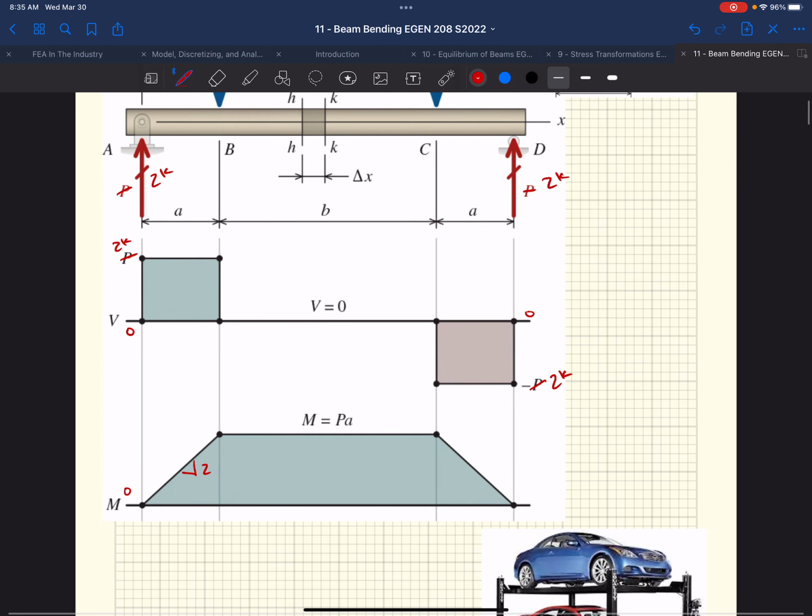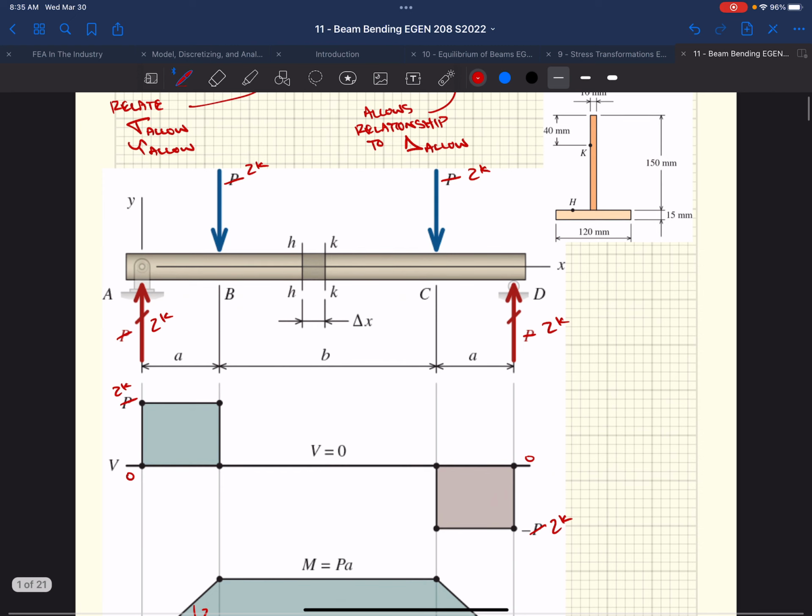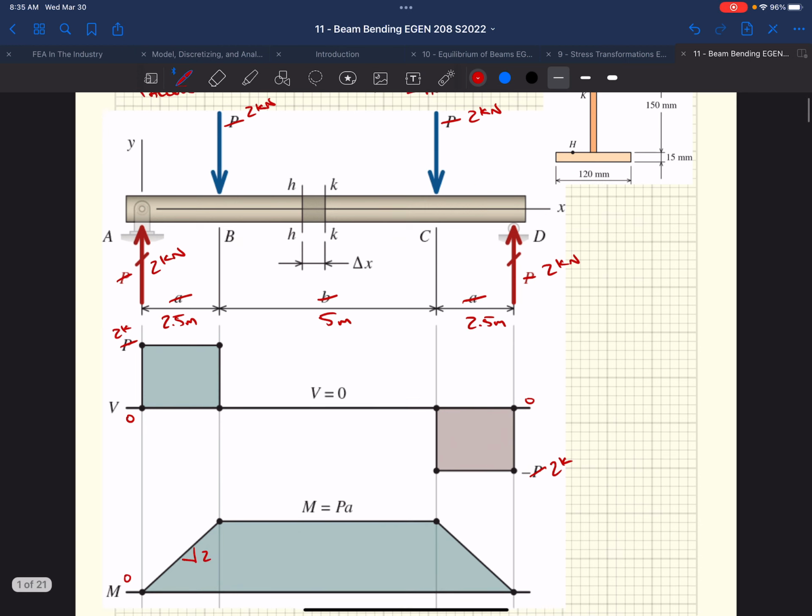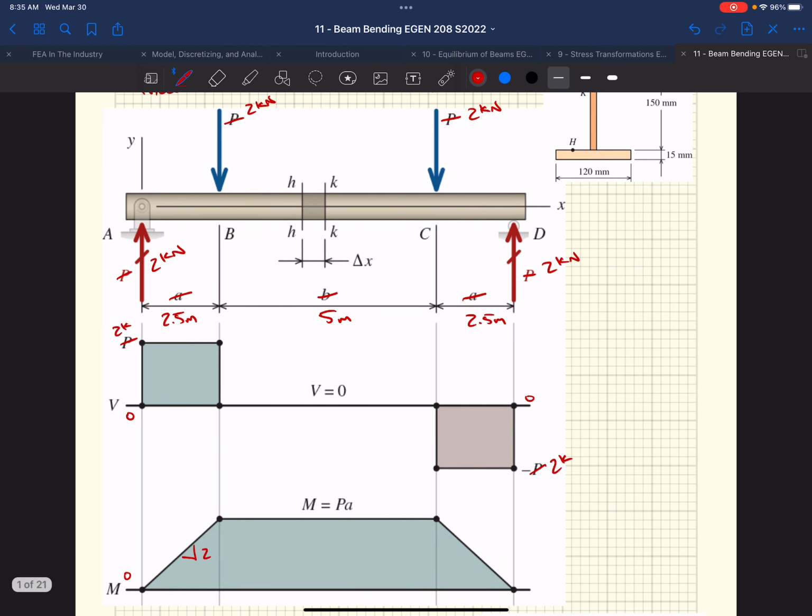Ooh, is that what I did? I did that. That's all right. We're gonna go to metric here. I'm gonna change all these to kilonewtons because I don't know why Tim decided to do this, but he did. Tim being me, right? 2.5 meters, 5 meters, 2.5 meters.